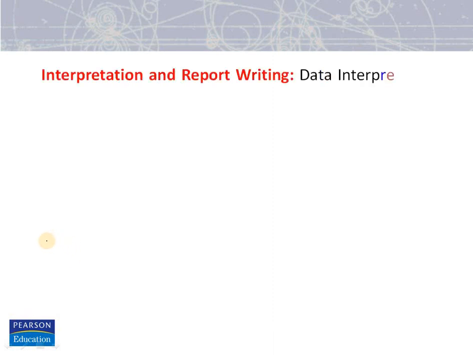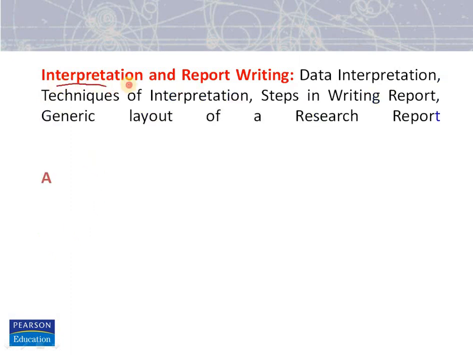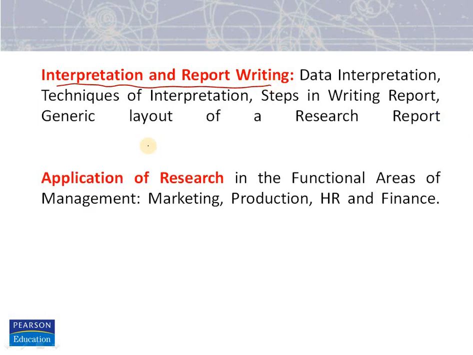So what are we going to study in this particular unit? We are going to study interpretation and report writing, and then we will discuss the application of research in various functions of an organization.